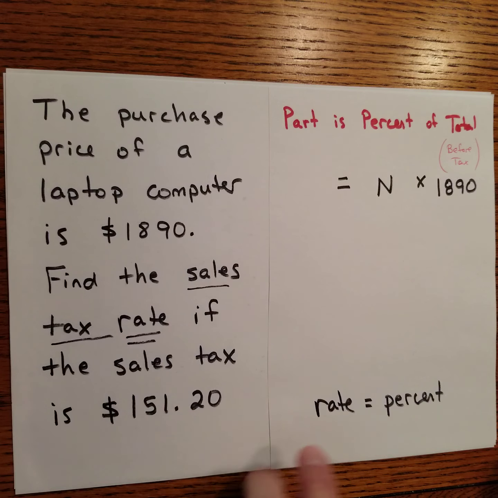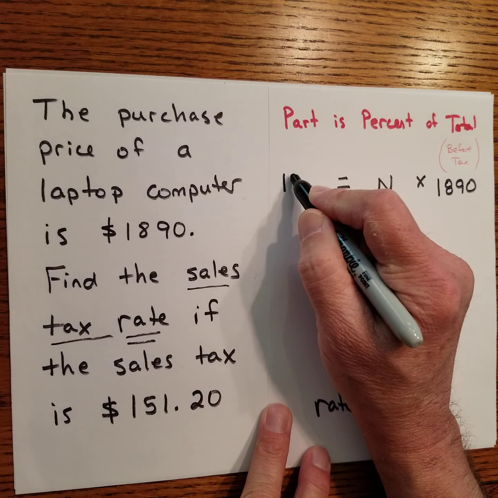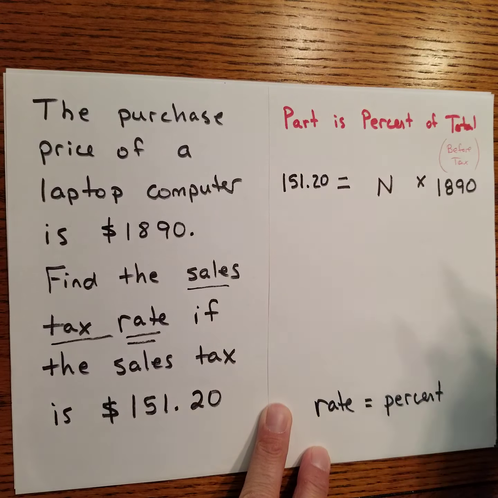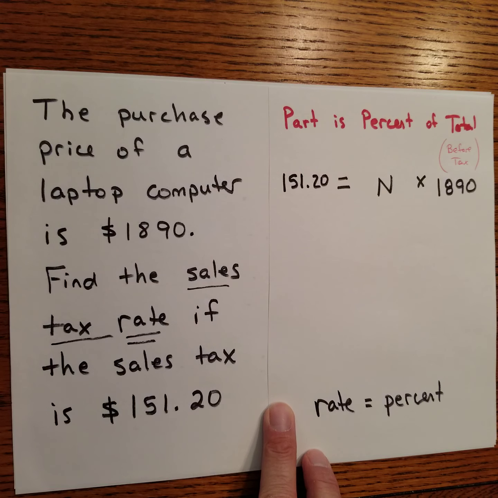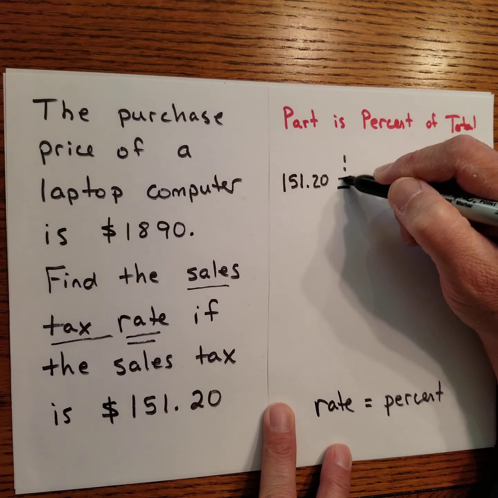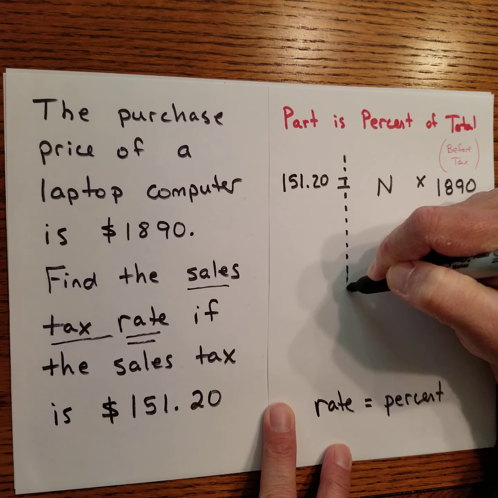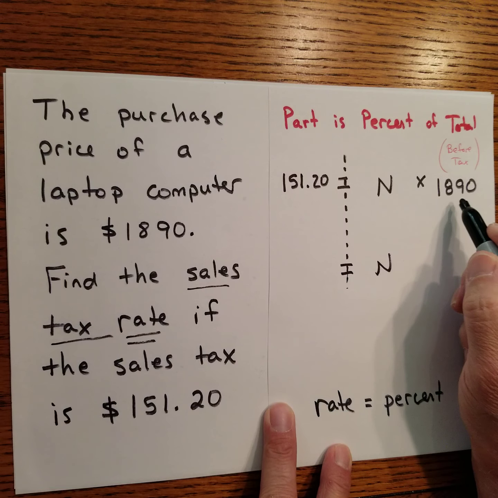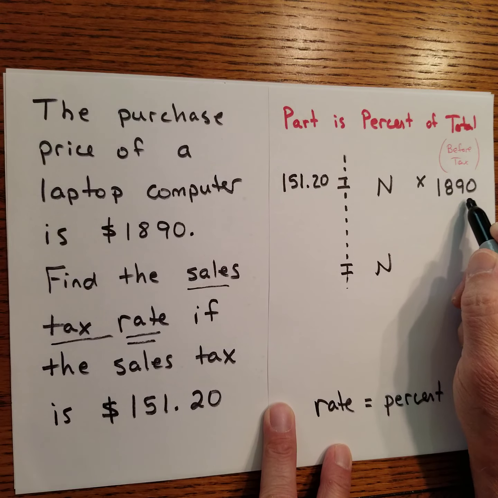If the sales tax is $151.20, $151.20 is part of the cost of the laptop. That's the sales tax. Now we solve this problem for N. If I want to solve this equation for N, then I must get rid of the 1,890.